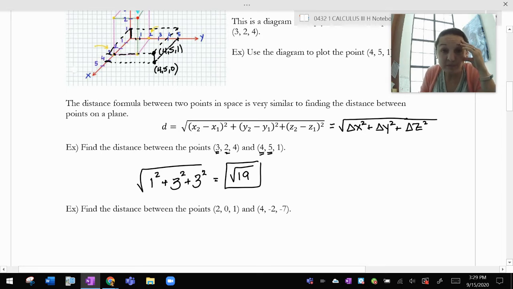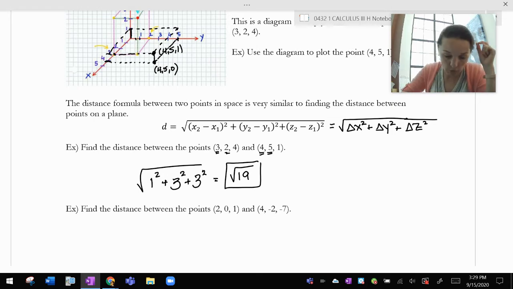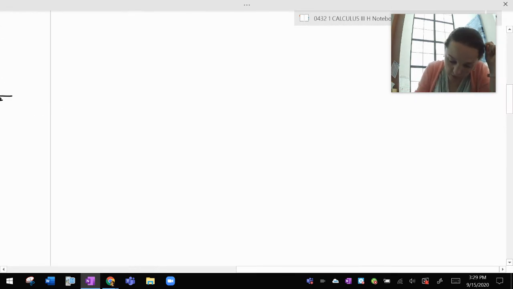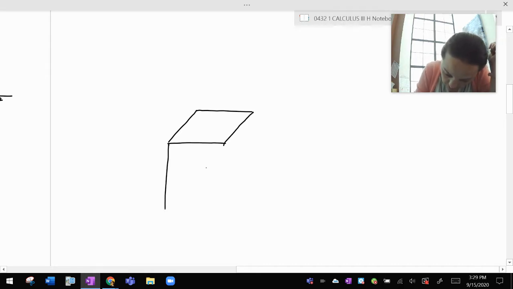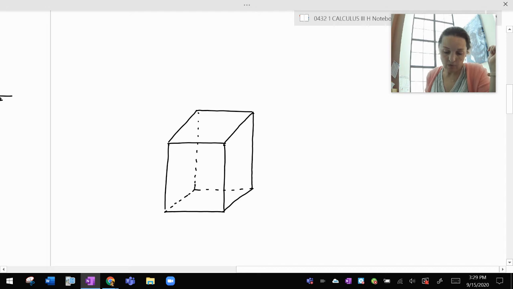I mean, that's it. And you may be thinking, I wonder why it was that easy. I'll tell you why it was that easy. So let's come over here for a second, and I'm going to draw the best I can a box. So this right here is a rectangular prism, okay?